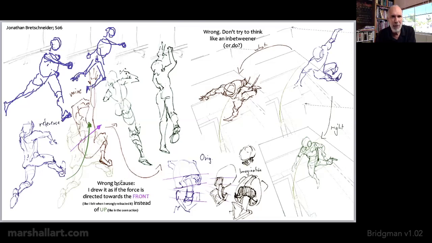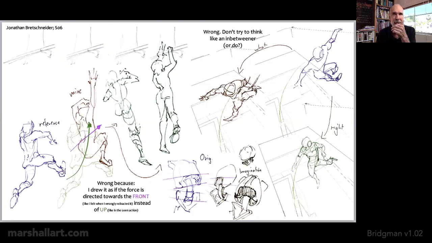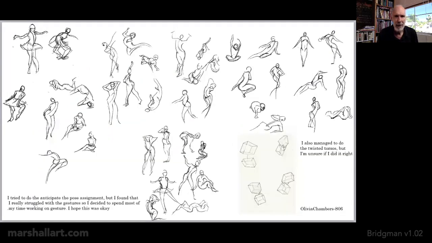But when you say, I drew it as if the force is directed from the front, you saw that there was a discrepancy between what you were drawing and what you were intending to draw. Every struggle that you start to say, I know what I did wrong, even if it wasn't necessarily wrong, and I know what to do next.